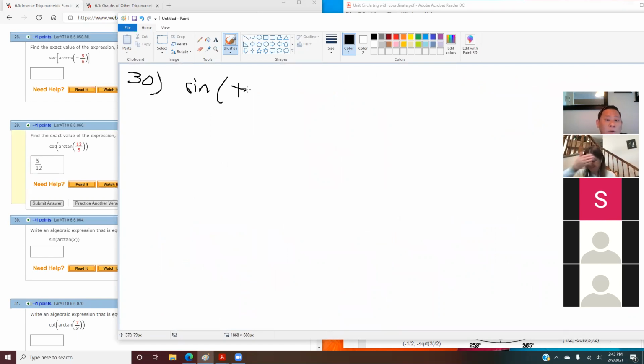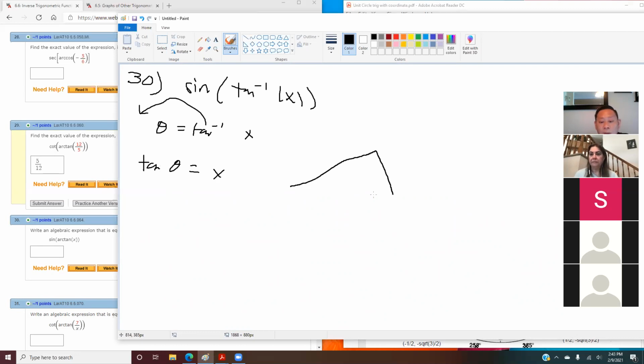Okay. So I'm going to use arctangent x. If you have a number, then your answer will be a number. But if you have a variable x in it, you again let theta become the arctangent of x. So when you move back over here, you get tangent theta equals x.